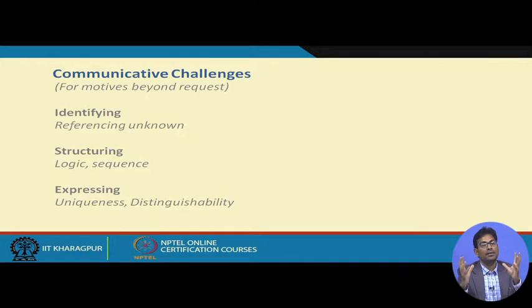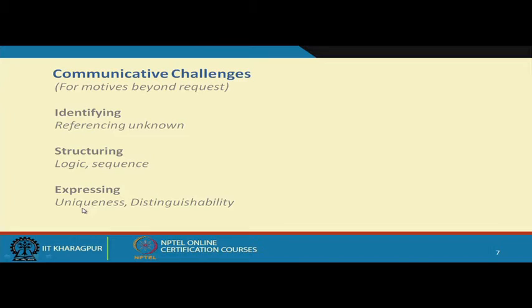The communicator and receiver are bombarded with a lot of information in a sequence. So, how do you structure that? One aspect is taking note of the references, another aspect is how do you structure all of this together, how do you put a logic towards it and then look at it, and then how do you express that, what is the uniqueness or distinguishable factors which distinguish or express your intentions from someone else's intentions.